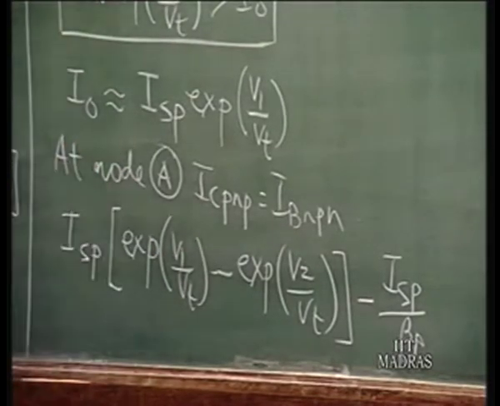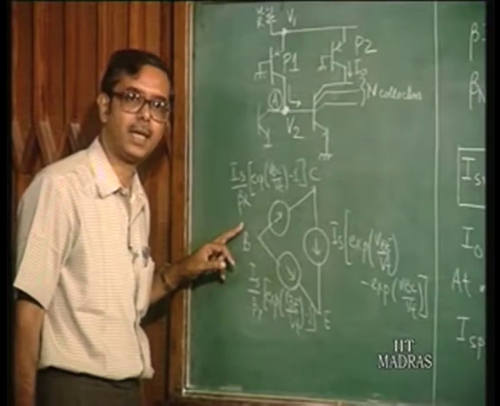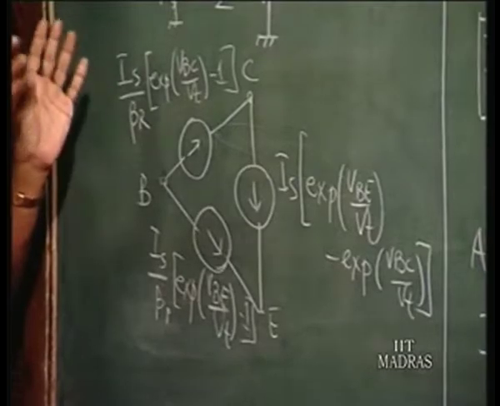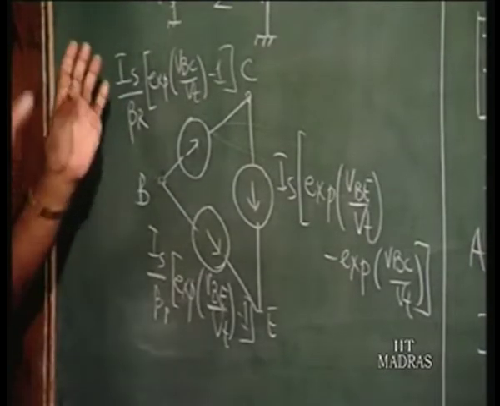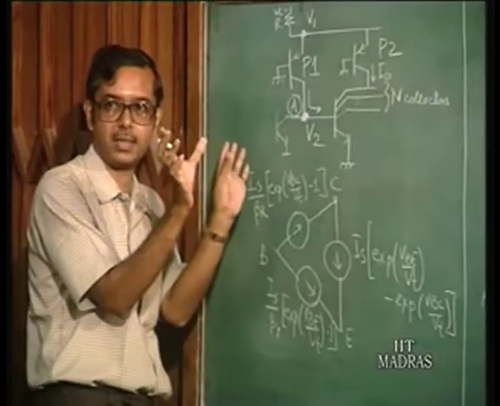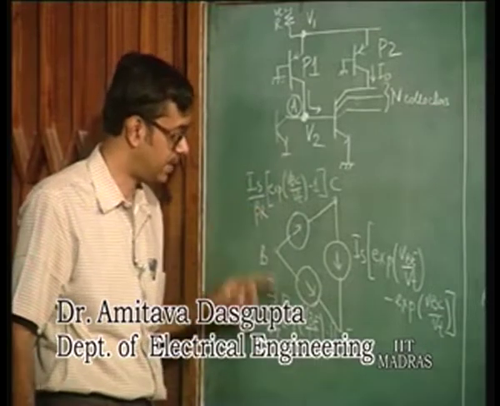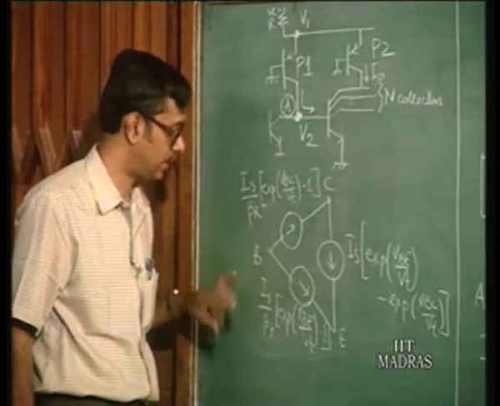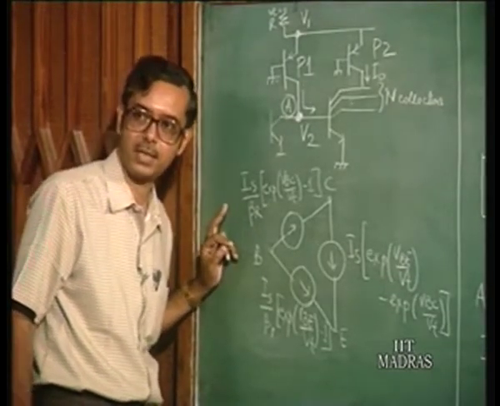Actually this should be the reverse beta of the PNP transistor, but since the PNP transistor is a lateral transistor, not a vertical transistor, with the two emitters and collectors side by side, the reverse and the forward betas are almost the same. So we can take it as beta p, the beta of the PNP transistor.